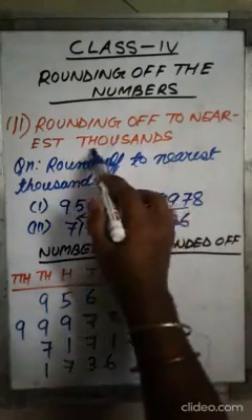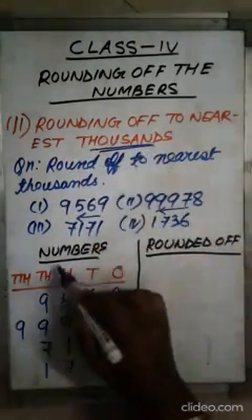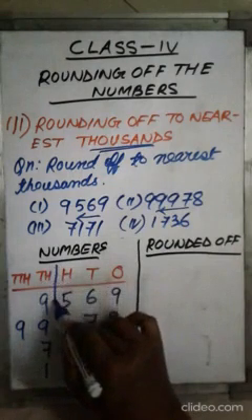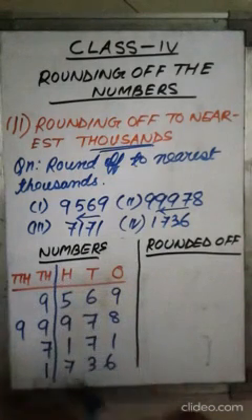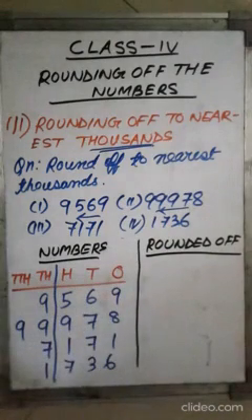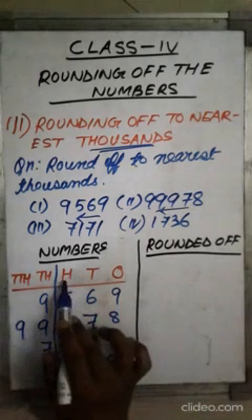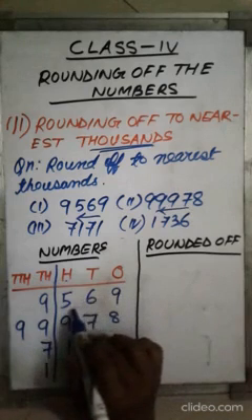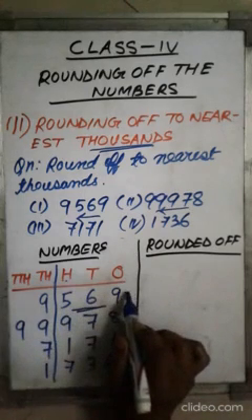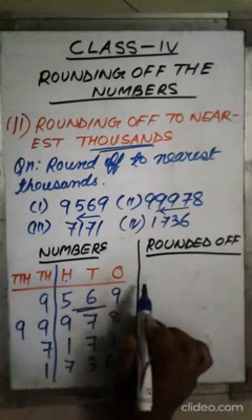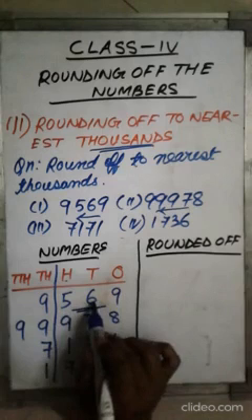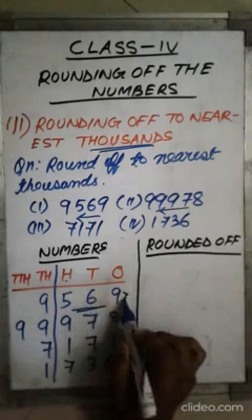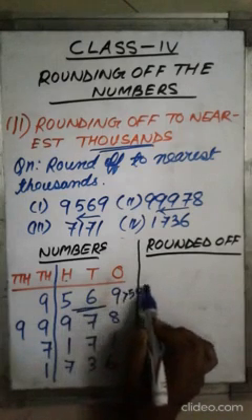Now we have to round off the numbers up to 1000. Now we shall be considering up to the hundreds place of the place value chart. When we consider up to the hundreds place value, we have to check whether it is greater than or less than 500. So 569, this is greater than 500.